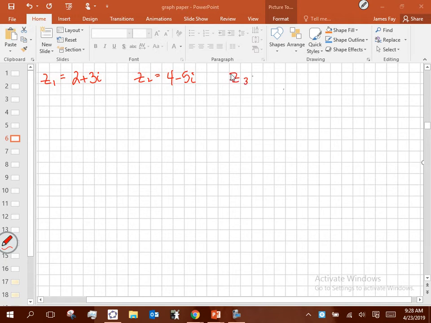And Z3, let's go negative 6. That first one is in the first quadrant, this would be in the fourth quadrant. It's negative 6 plus I. And let's find that product, Z1, Z2, Z3.